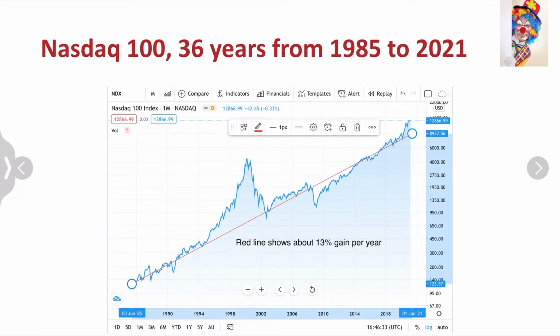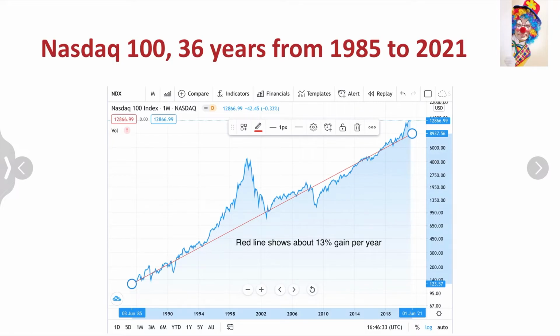For the other stuff we saw about 8%, and now we see 13%. Sure, we have this big bubble here, the so-called .com bubble, which reached its peak at the end of 2001. But apart from this bubble, this is a quite good fit to our red line.